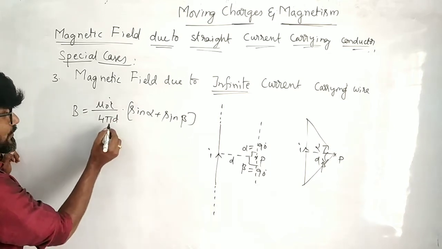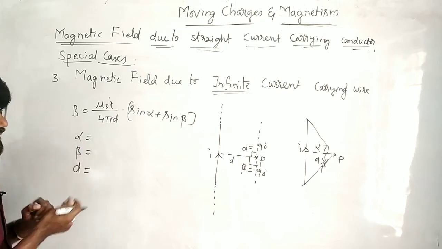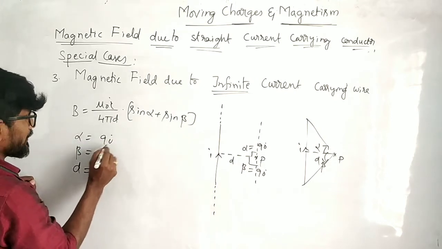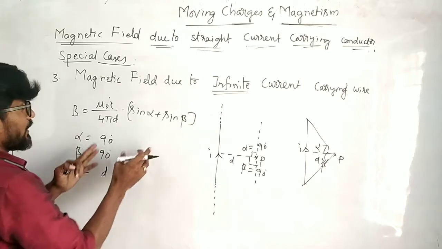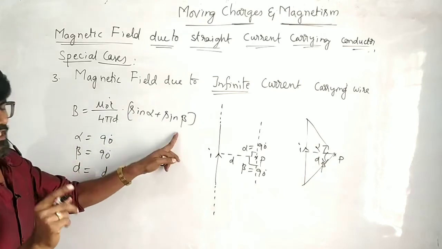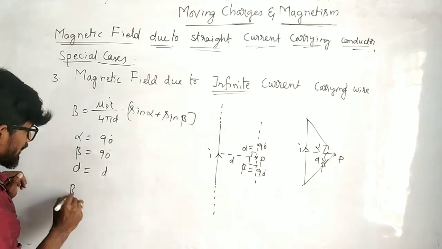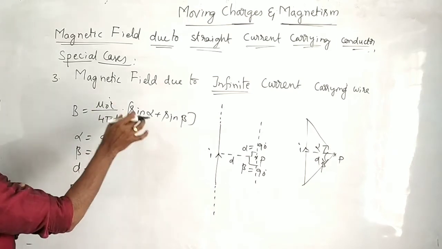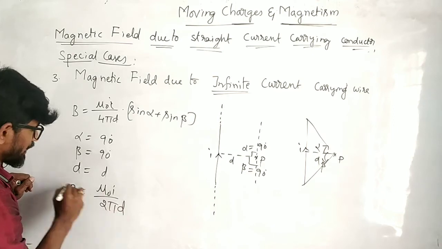Here, alpha is what, beta is what, d is what? Alpha is 90, beta is also 90, d is d only, and it is sin 90 plus sin 90. Sin 90 is 1 plus sin 90 is 1. So 1 plus 1 is 2. Directly you can write 2. So B is equal to mu naught I by 4 pi d into 2, or you can write mu naught I by 2 pi d.